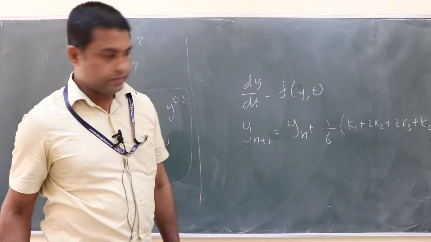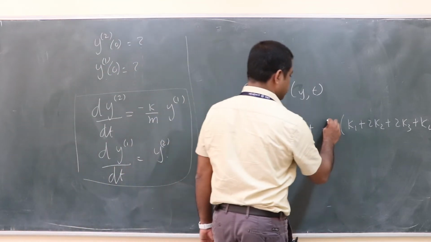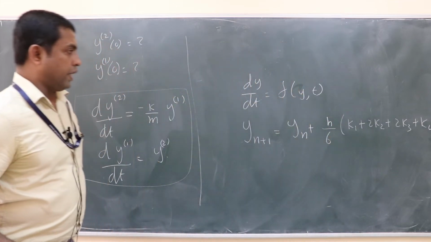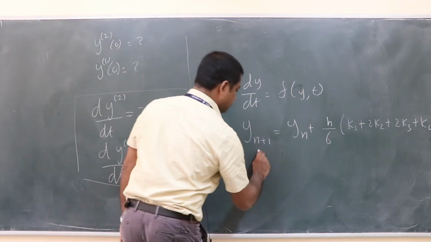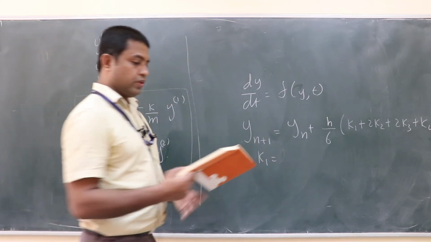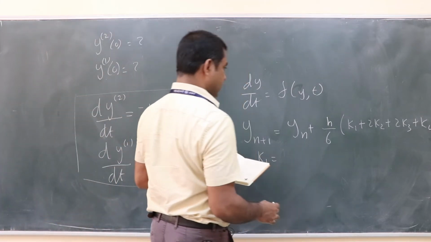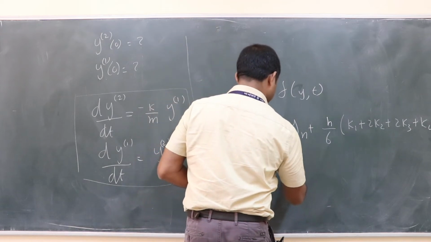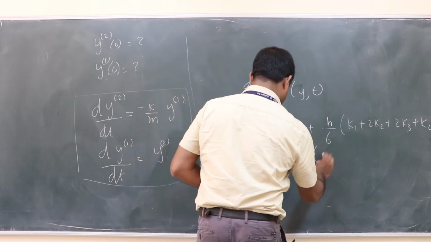There must be an h there, right? Okay, so what is K1? I will write that down, and after writing K1 you have to tell me whether h is there or not.